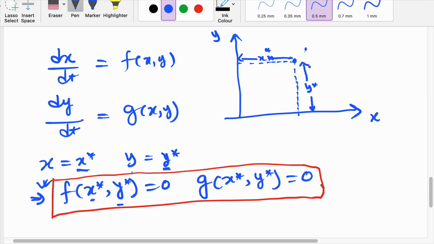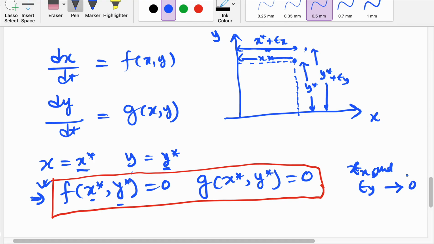So this point will be y star plus epsilon y, and this point will be x star plus epsilon x, and here epsilon x and epsilon y tend to 0, these are very small.